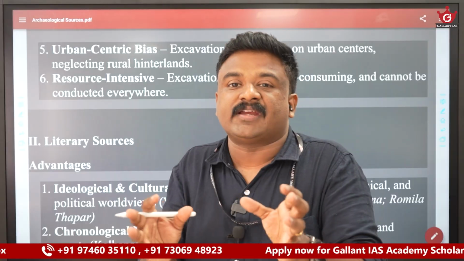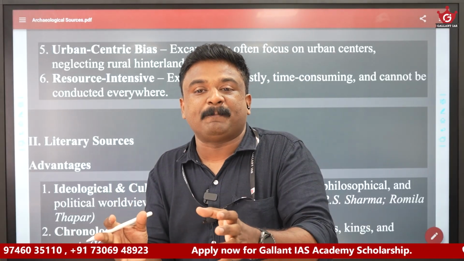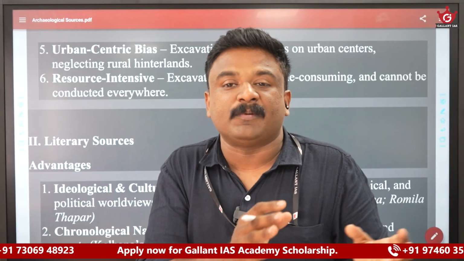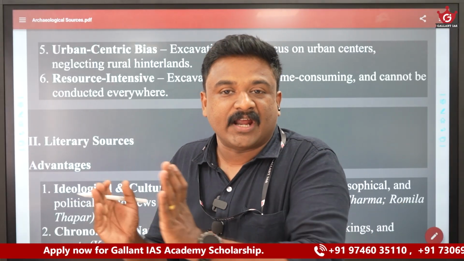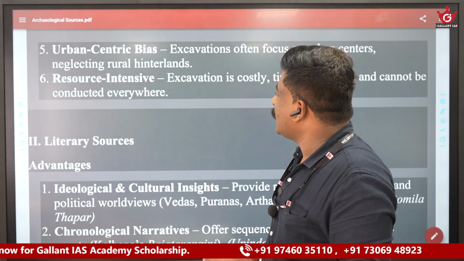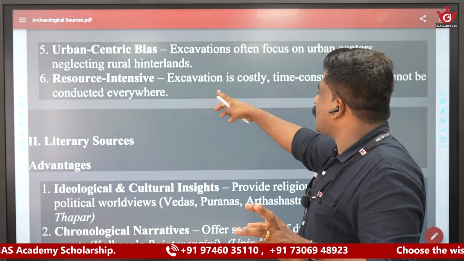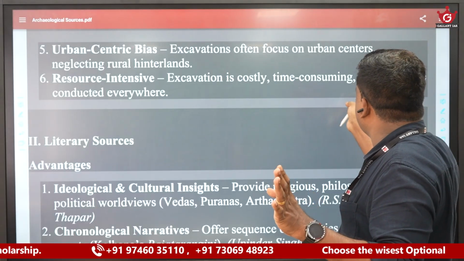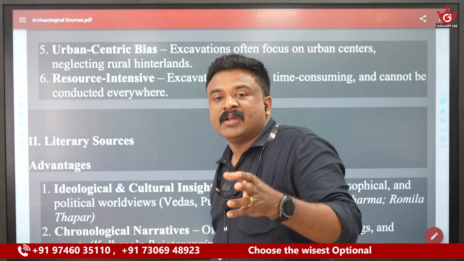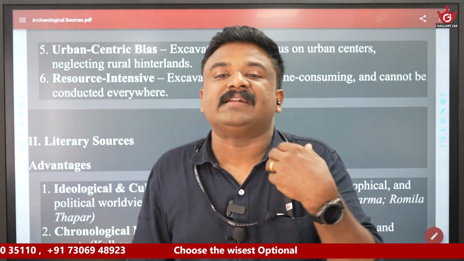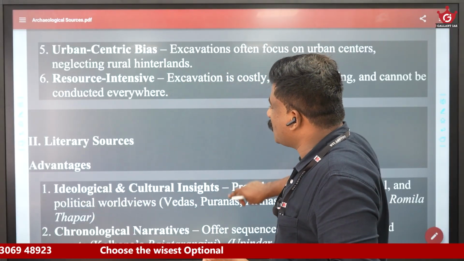For example, you get the history of urban strata and urban people, but the history of rural people is not possible to construct along with this. That is difficult. Excavations are also resource intensive: costly, time consuming, and cannot be conducted everywhere. That is also a disadvantage of these archaeological sources.